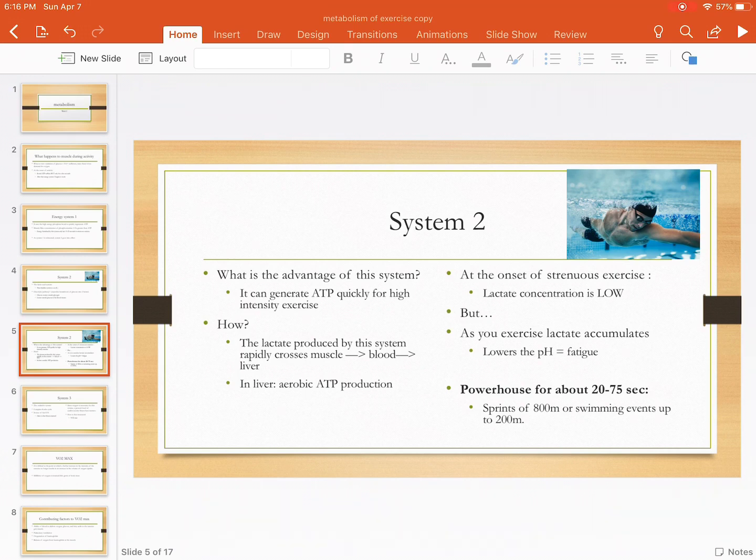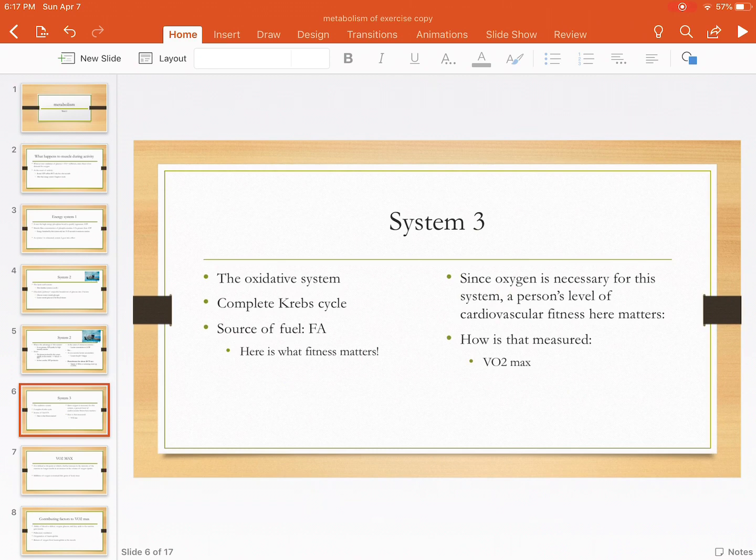Okay, so the sprinters that run 800 meters, or the swimmers that swim up to 200 meters, they massively use this system. It's a very important system, and it's an absolutely fast system. Remember that.